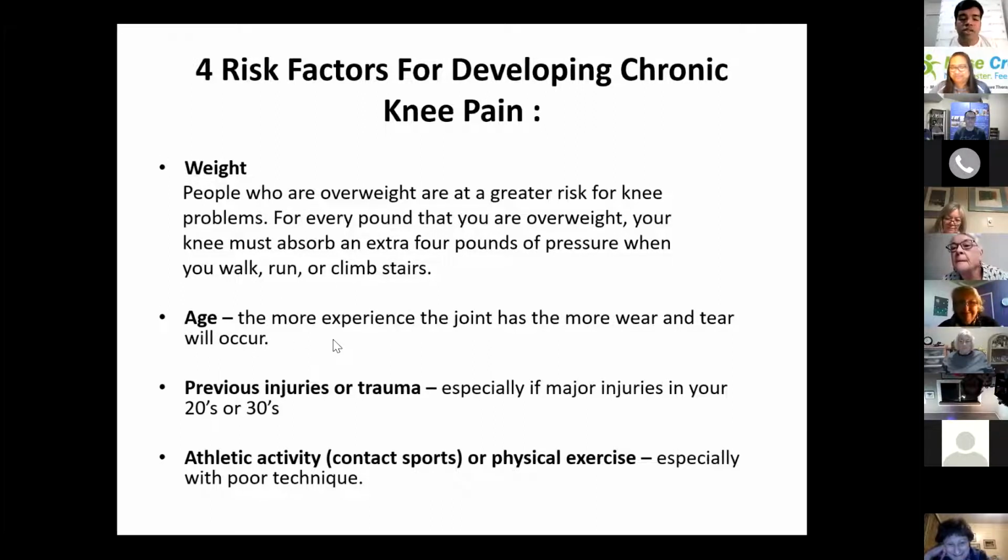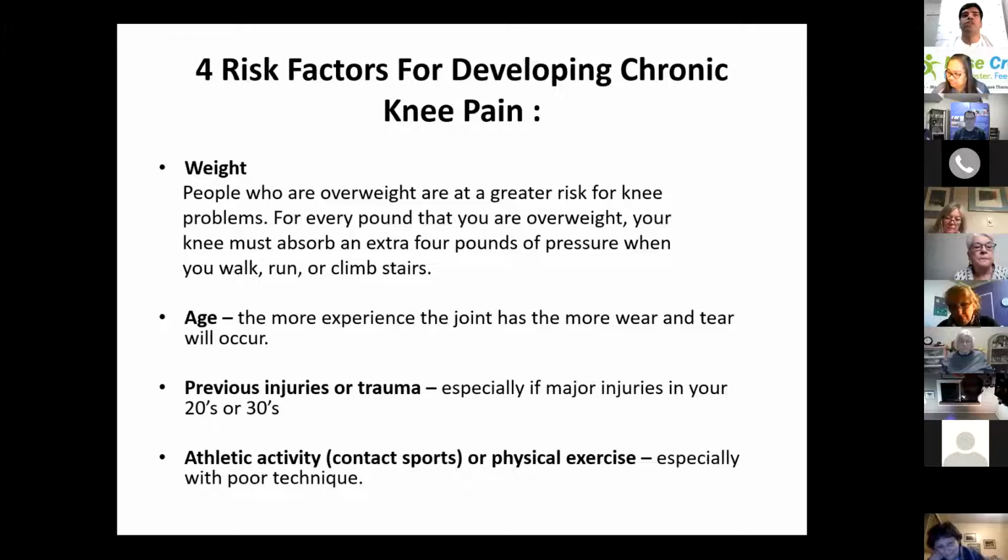Okay, next one is age. As we grow up, there's a high chance to get wear and tear of the joint. Unfortunately, it is not reversible. So with age, there is a chance of increased knee problems. Okay. And previous injuries or trauma.